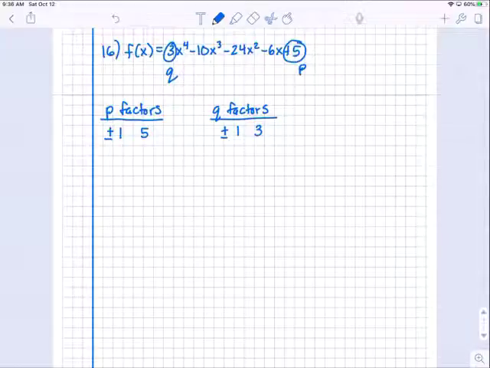Now we have to find our p over q. And that's going to equal plus or minus 1 and 5 all over plus or minus 1 and 3.